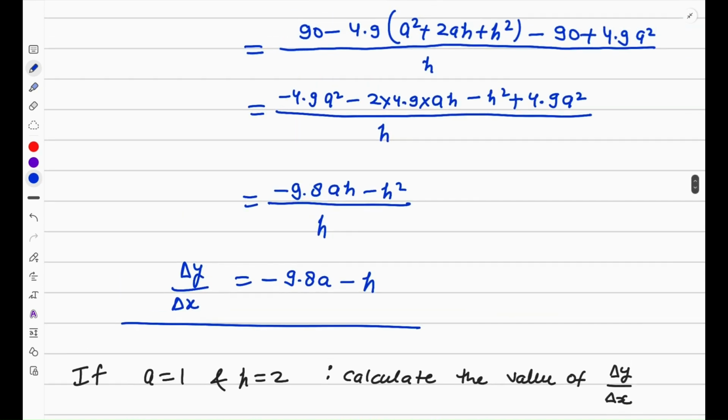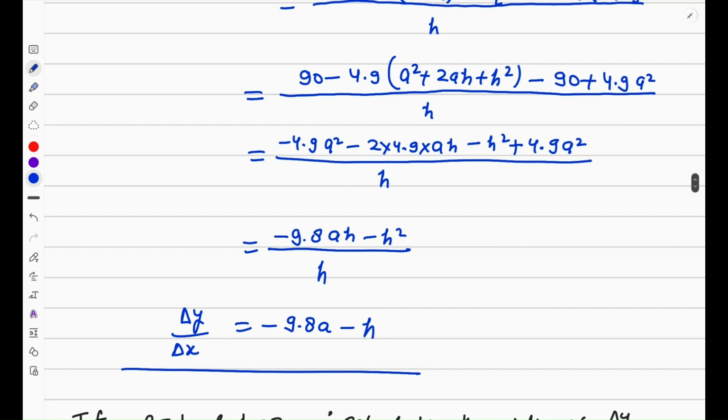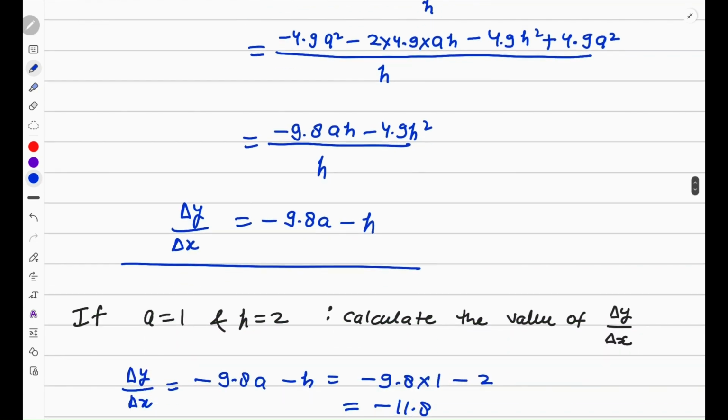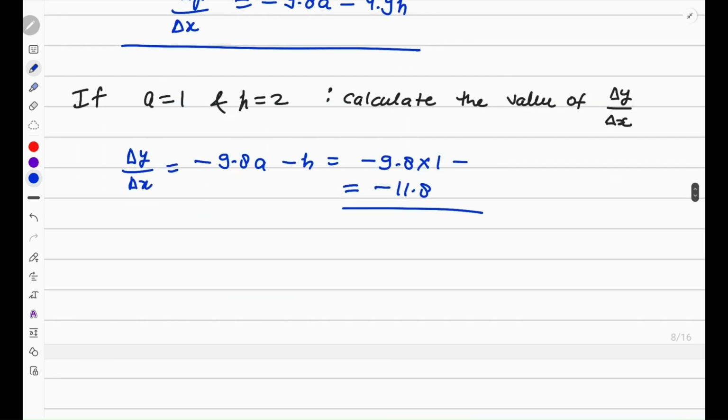So here we missed one thing. Basically, when we multiply this value here, it becomes 4.9 h square, and here it is 4.9 h square, and 4.9 h, 4.9 h.